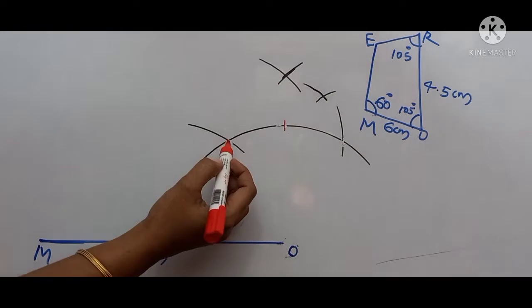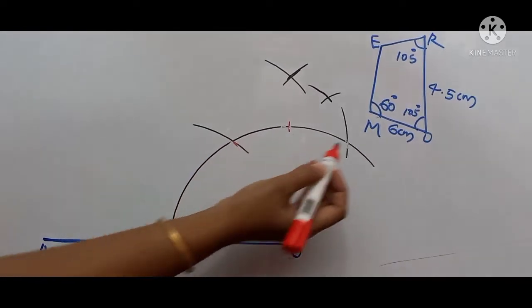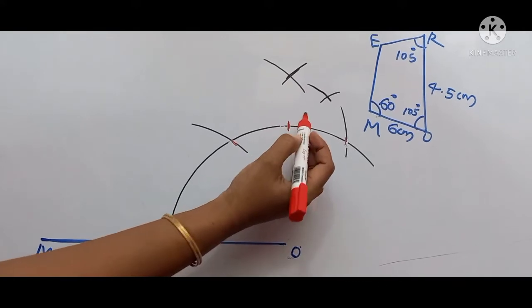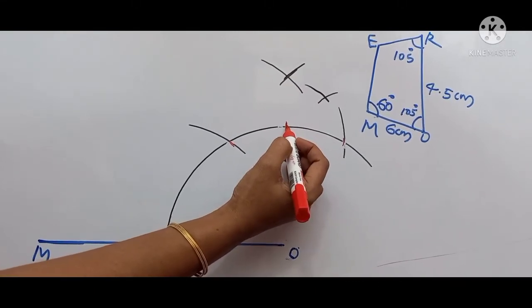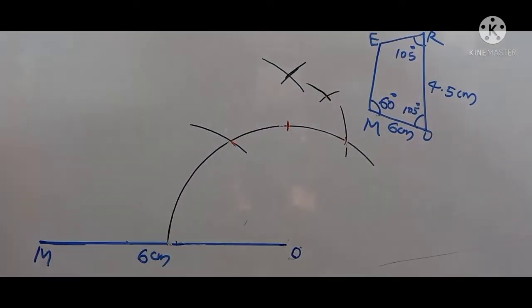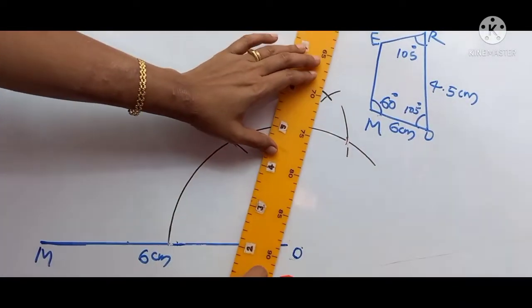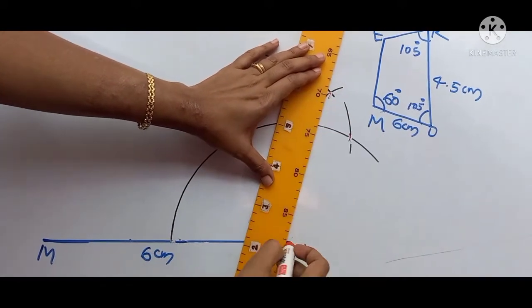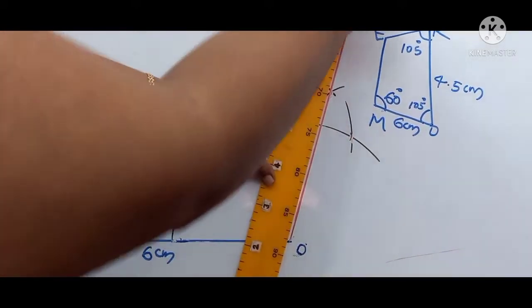Now we have drawn that 60 degree here, 120 degree, and this is 90 degree. Then the bisector of this 90 and 120 is 105 degree, and join this point and O. Join like this.